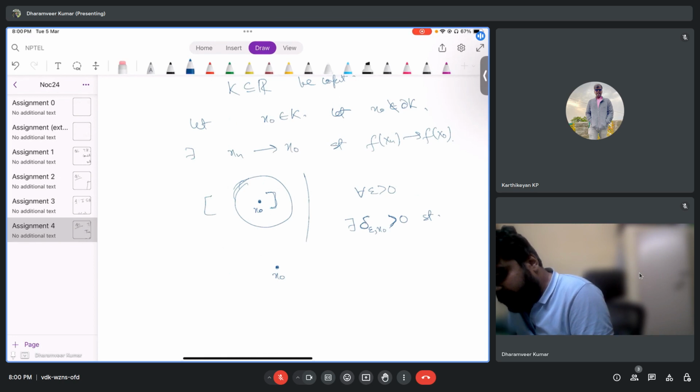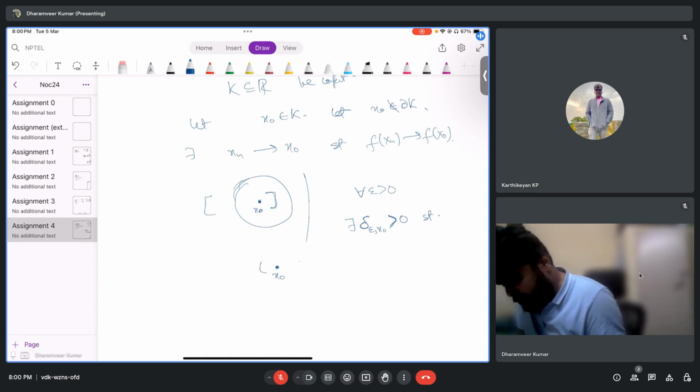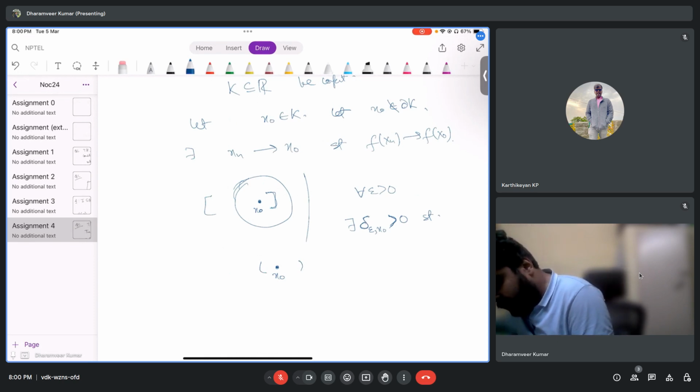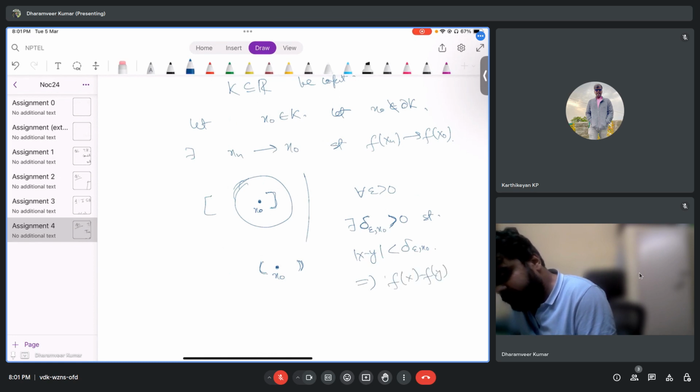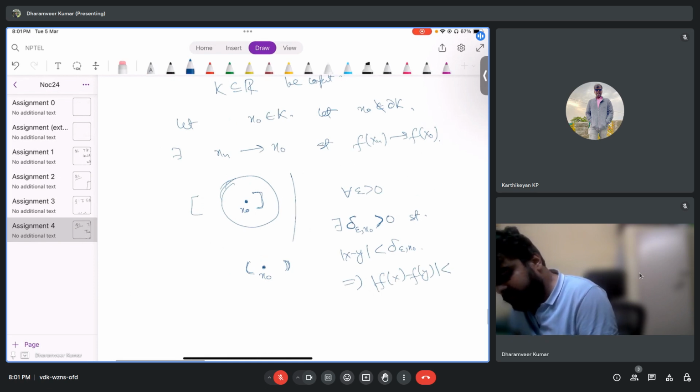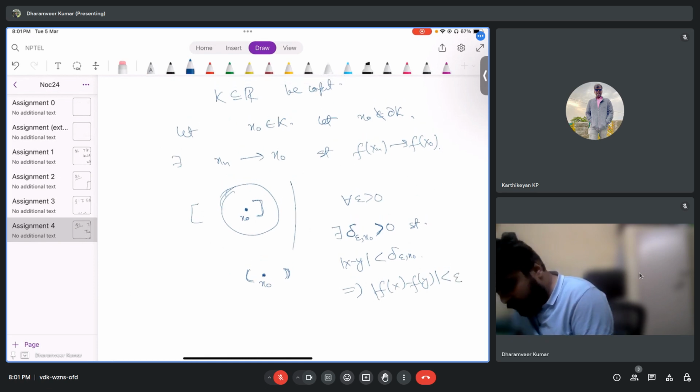So you can find a delta such that for all the y's inside this, with |x minus y| less than or equal to delta(epsilon, x), what does this imply? That |f(x) minus f(y)| is less than epsilon. So for all these y's, this is true.